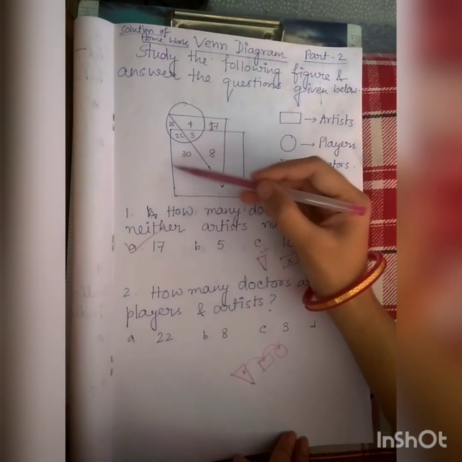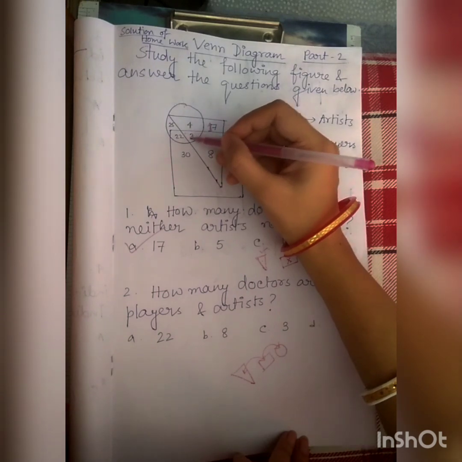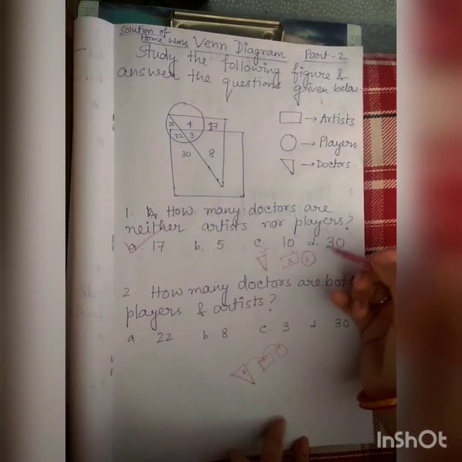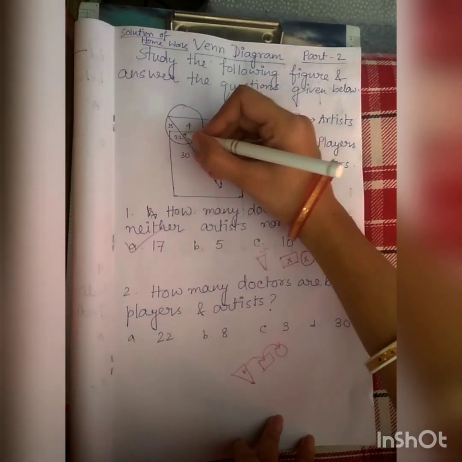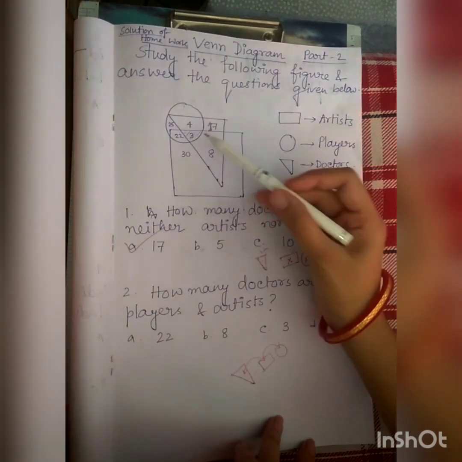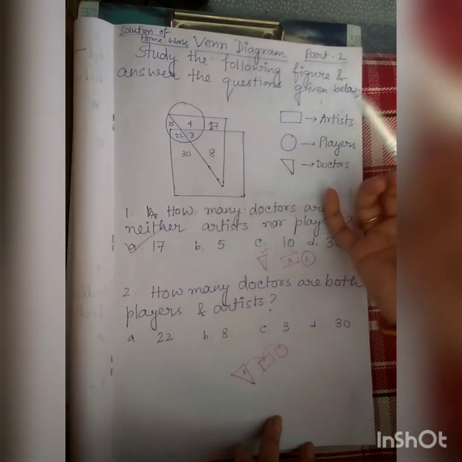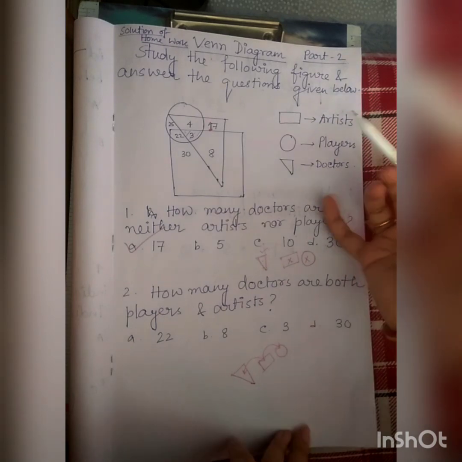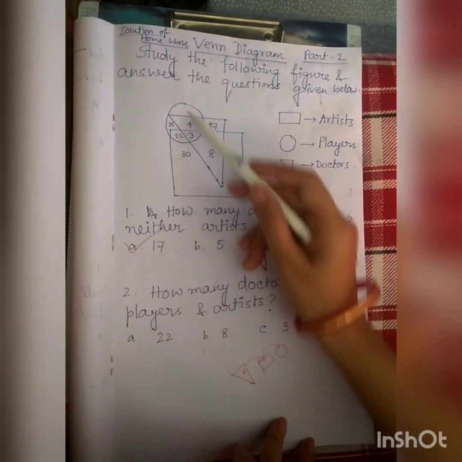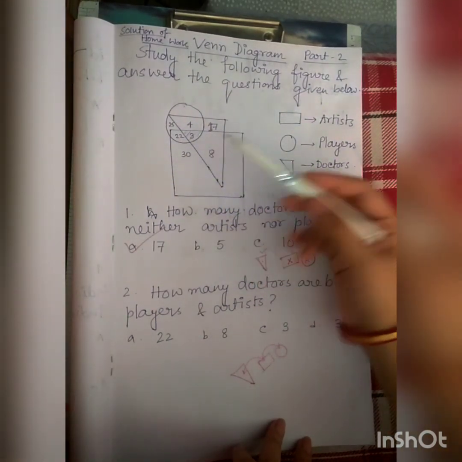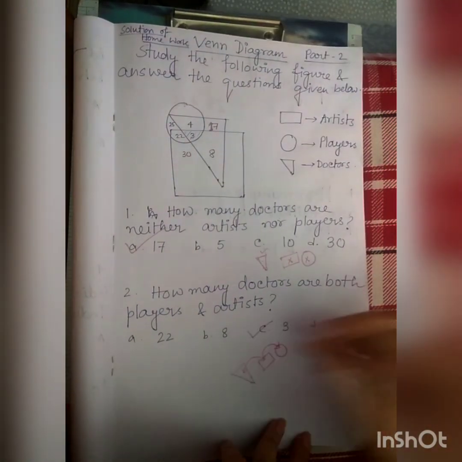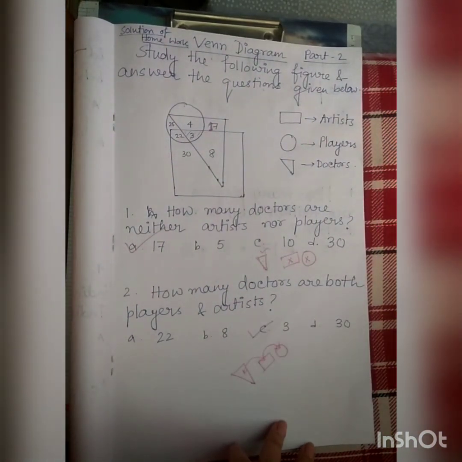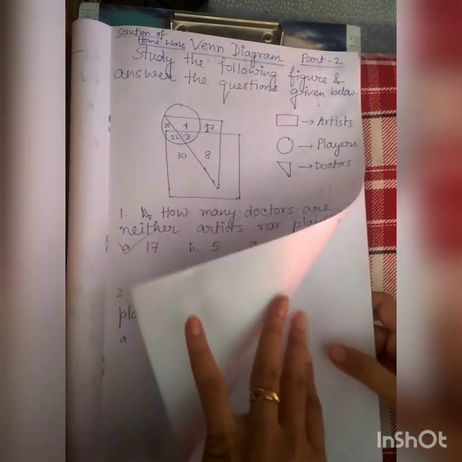Here we have to find the intersecting part of all the common these three diagrams. So here you can see this part 3, you can see this 3 will be the number of persons who are doctors as well as players as well as artists. So option C will be our answer. Let's come to the next question.